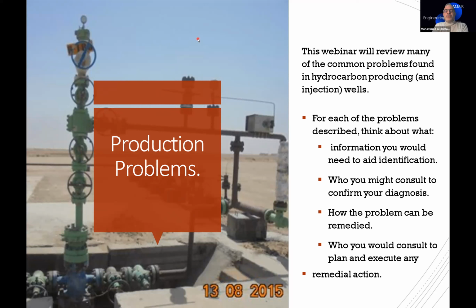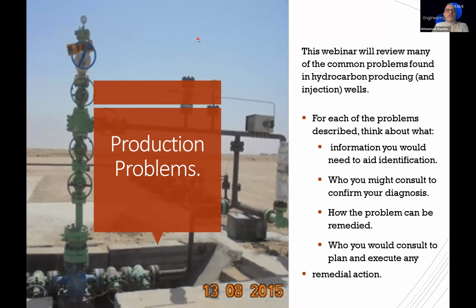And there should be information about each problem: who we need to consult in terms of diagnosis of this problem in that field or that specific well, and how that problem can be remedied, because otherwise we will start losing the production from that well or the field, and we will start losing money as well because it's cost effective.